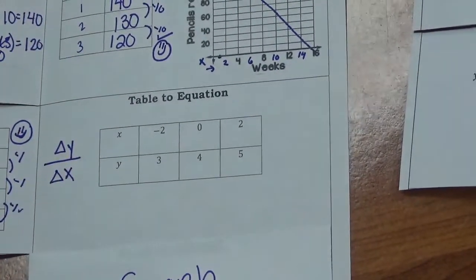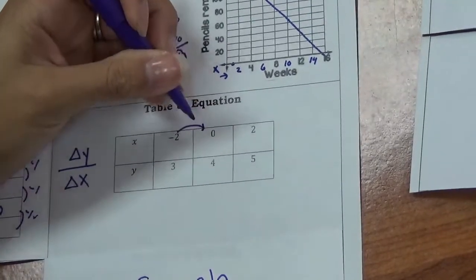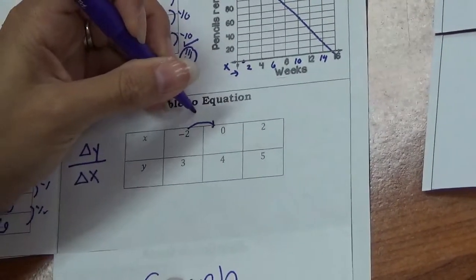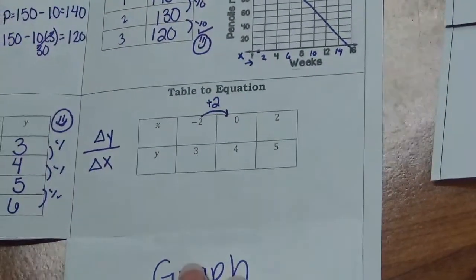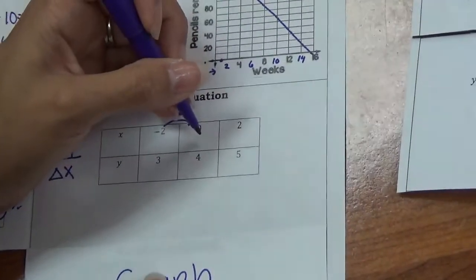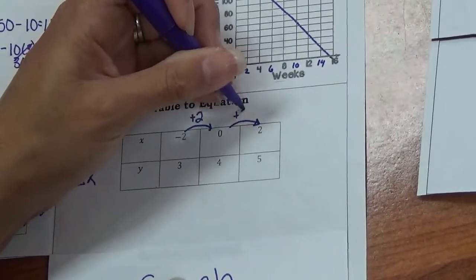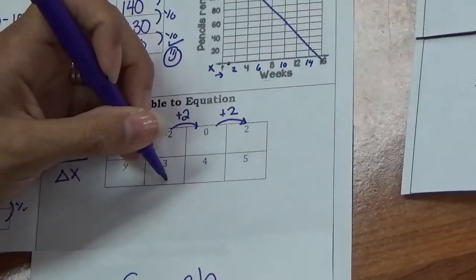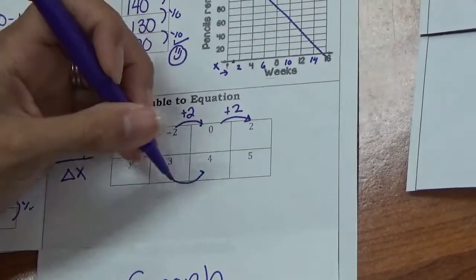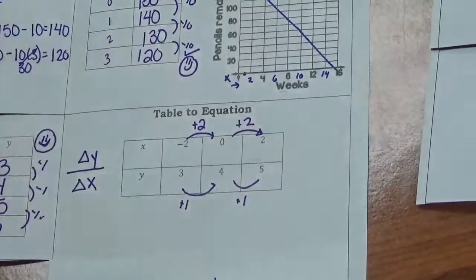So from -2 to 0, from here to here, that's going to be a positive 2. If I was confused, I'd probably write it out on a number line because that still helps me. Then 0 to 2, there we go, plus 2. Then 3 to 4, that's plus 1, easy. 4 to 5, plus 1, awesome.